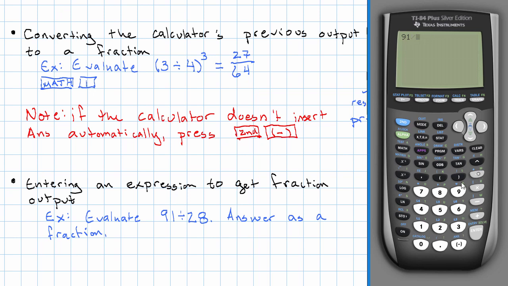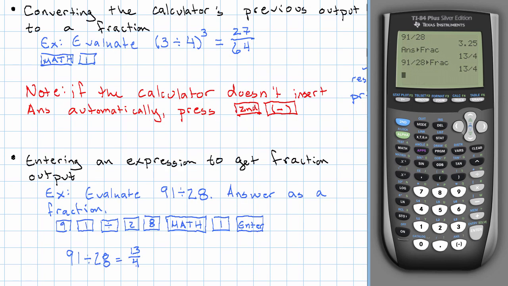So 91 divided by 28, get the result, convert it to a fraction. Or we can do the whole thing in one go. We can just say 91 divided by 28, convert the result to a fraction. Either way, we get 13/4 as our answer. But if we knew in advance we wanted the fraction, we could save ourselves a step.